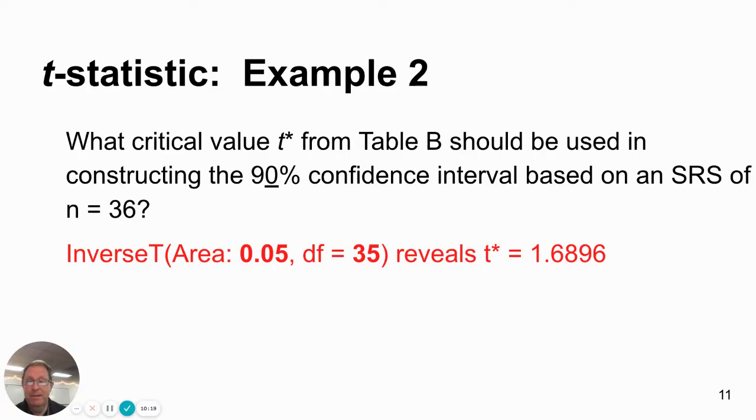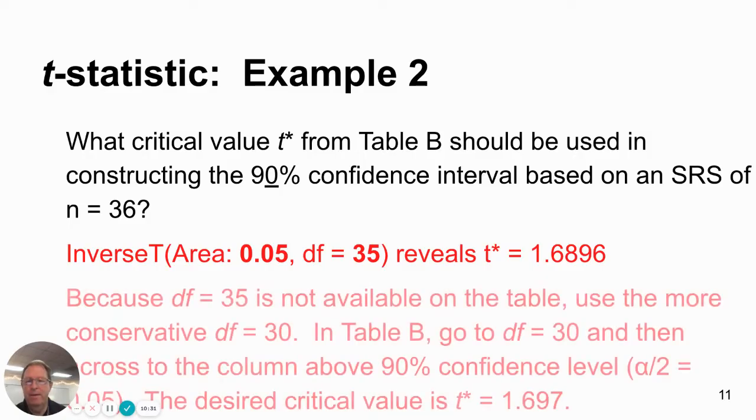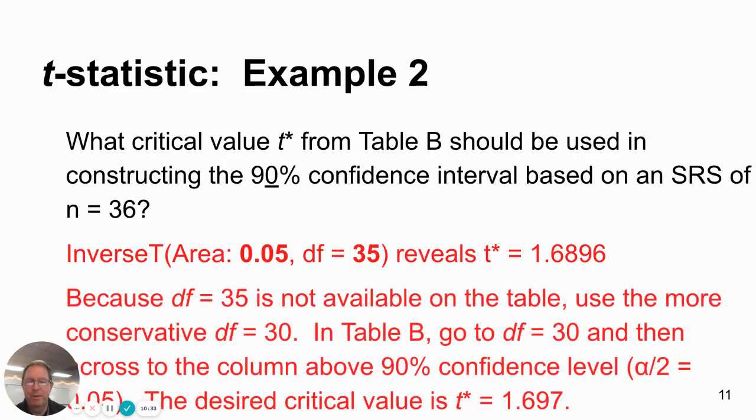My sample size is 36, so the degrees of freedom will be 36 minus 1, or 35. I hit execute, and the calculator generates my t star. The use of the table becomes a little bit more difficult in this situation because degrees of freedom 35 is not on the table. Let's go on to the next problem.